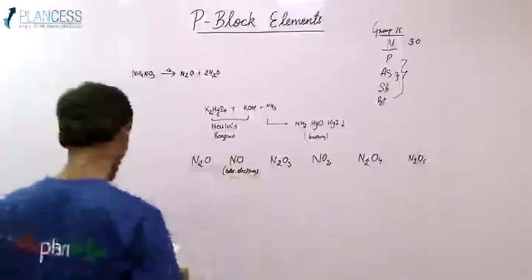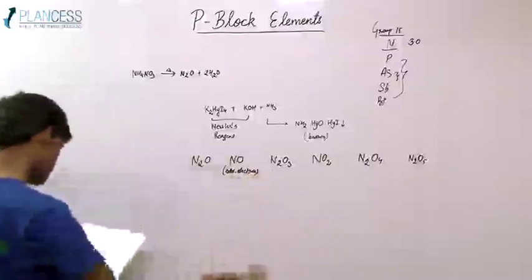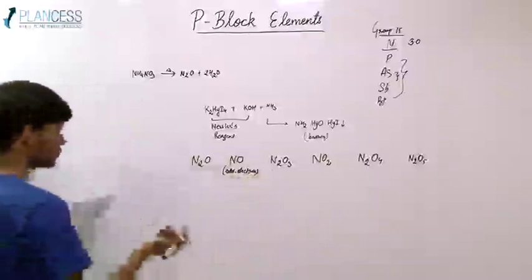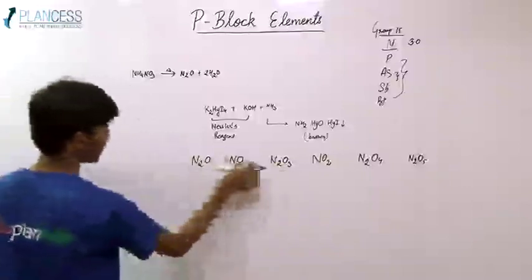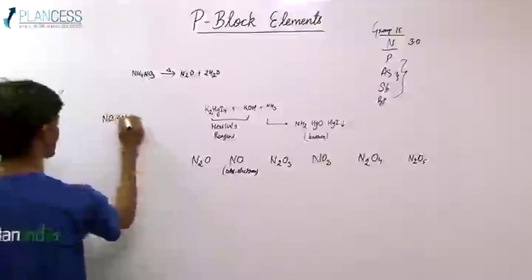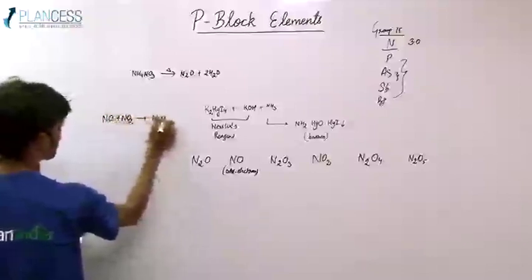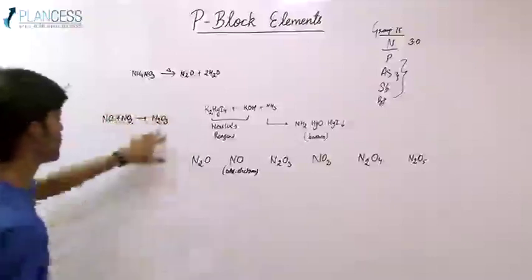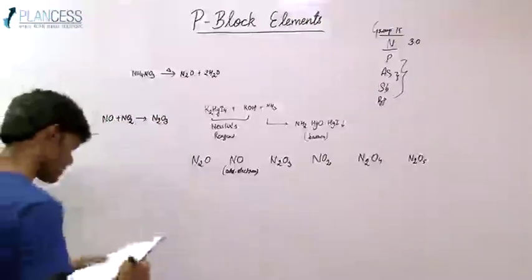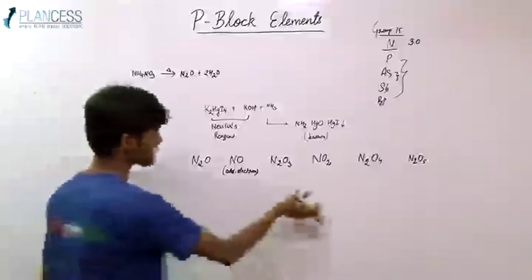Now talking about the N2O3. N2O3 is a blue liquid or a pale blue solid, which is a mixture of NO plus NO2. NO plus NO2 when reacted together forms N2O3. So this is the preparation step for N2O3. Now talking about the next one, which is NO2. NO2 can be obtained by reduction of concentrated HNO3.